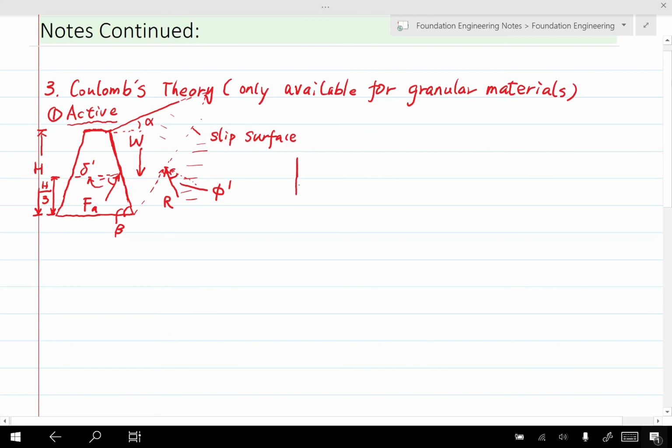So we have weight, and we have FA, and we also have this R. You can see that the three forces should form a closed triangle, and in that case, the soil body of interest will reach mechanical equilibrium.